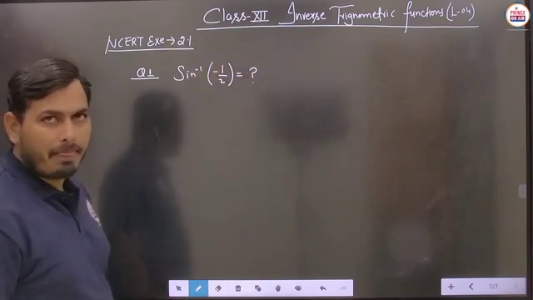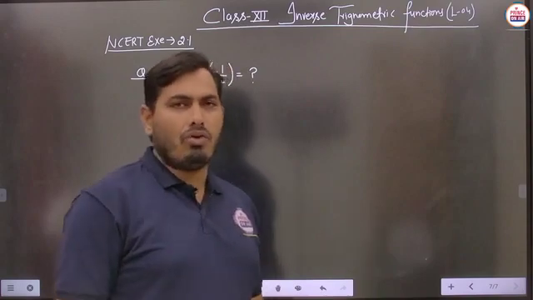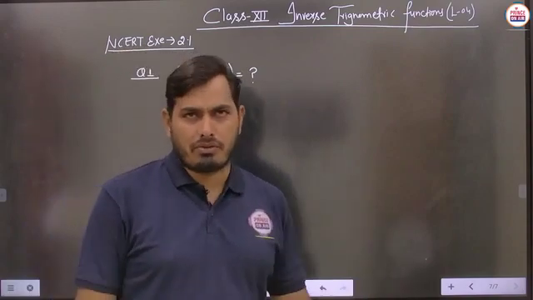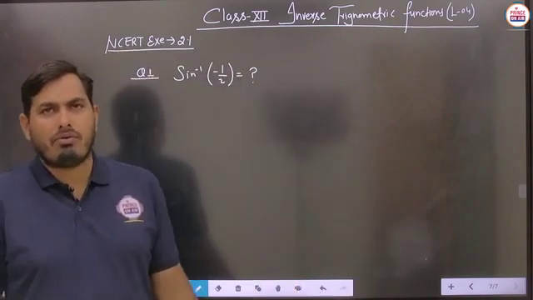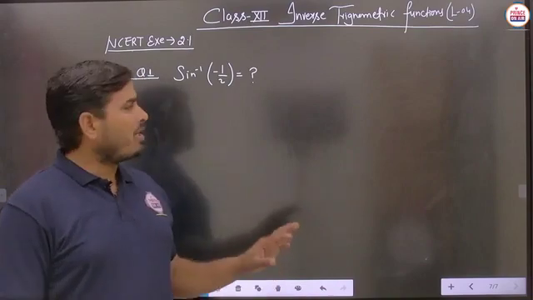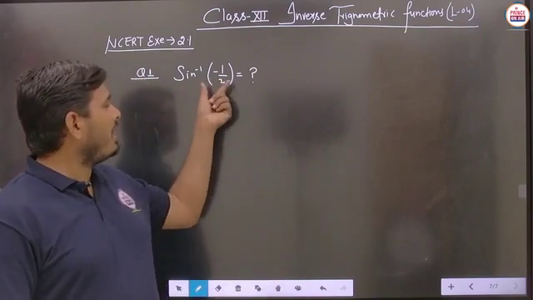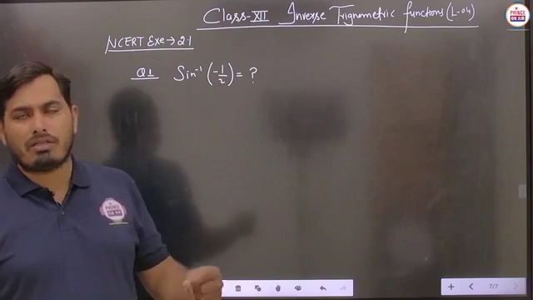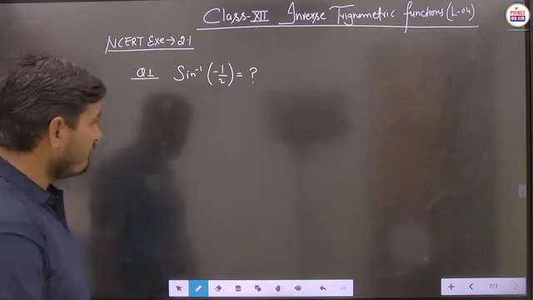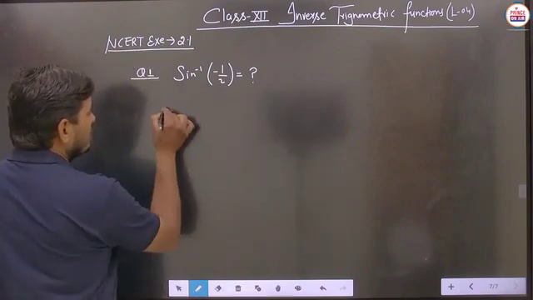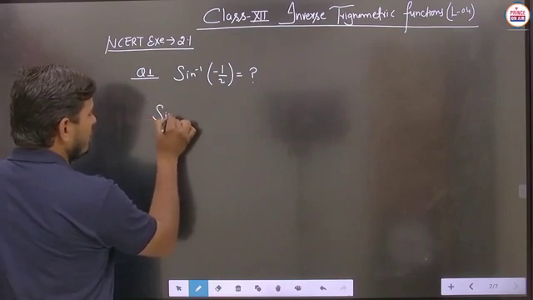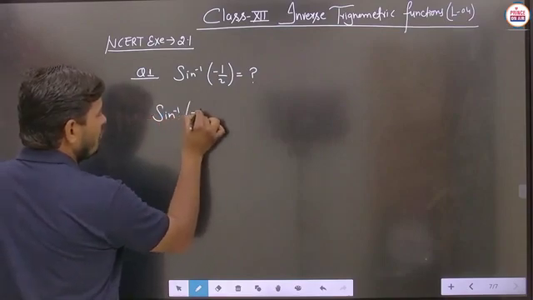Is it clear? Students, we know very well these standard values. Here in sin inverse, the input is given as minus 1 by 2. Suppose we have to calculate sin inverse of minus half.